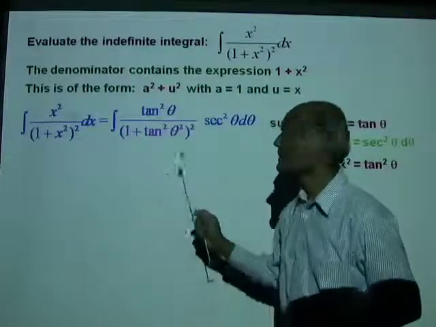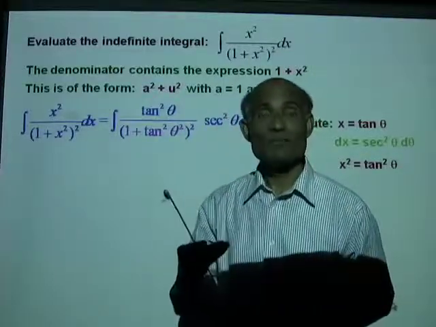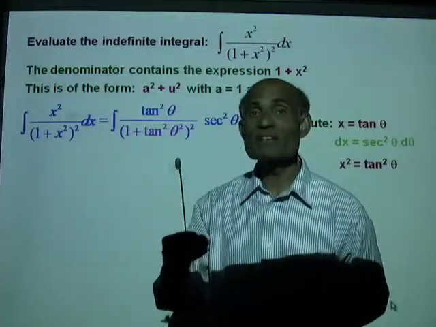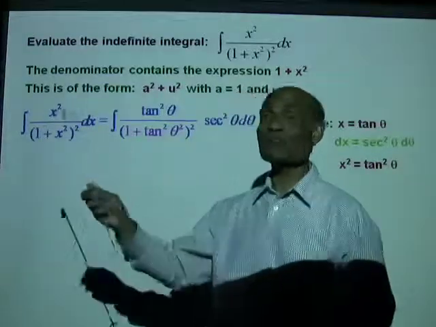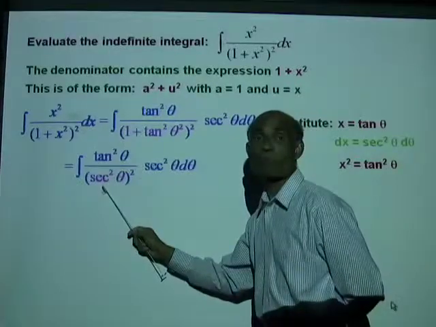What is the next step? What is 1 plus tan squared theta? 1 plus tan squared theta is secant squared theta. So replace that by secant squared theta.